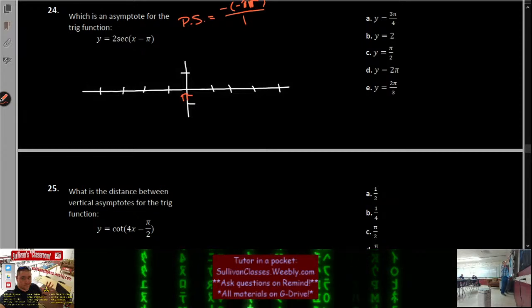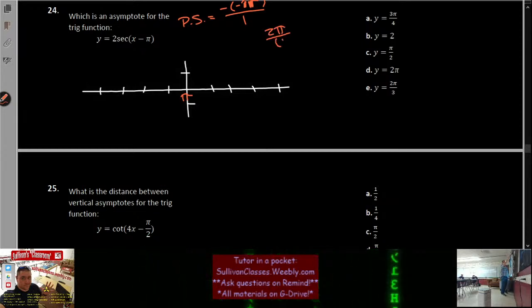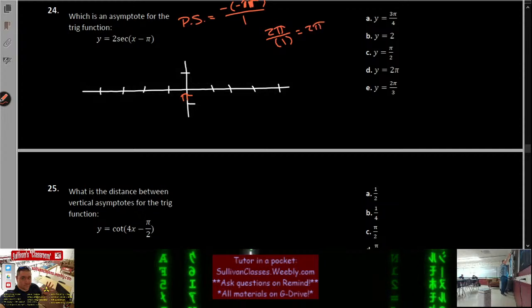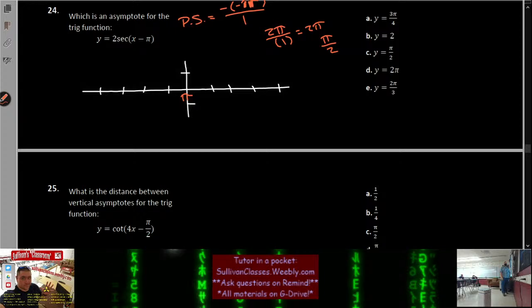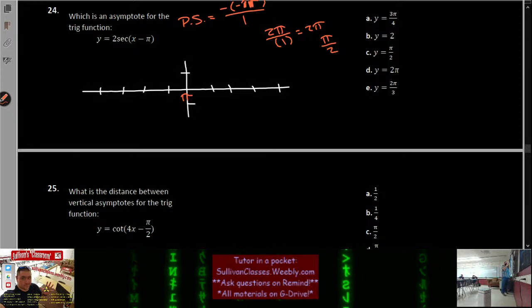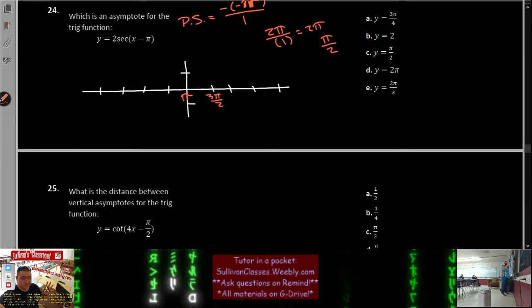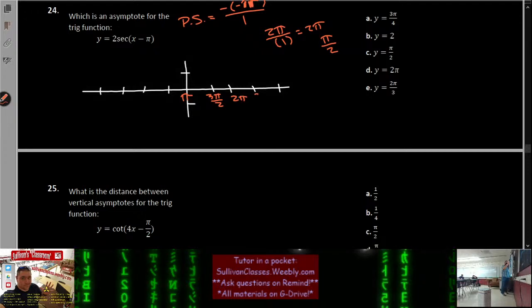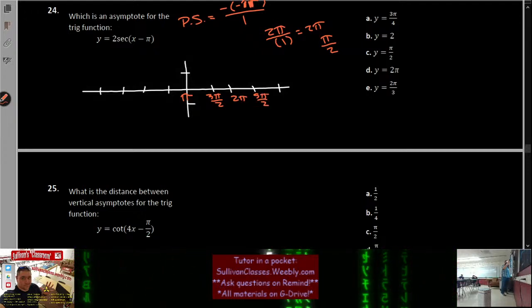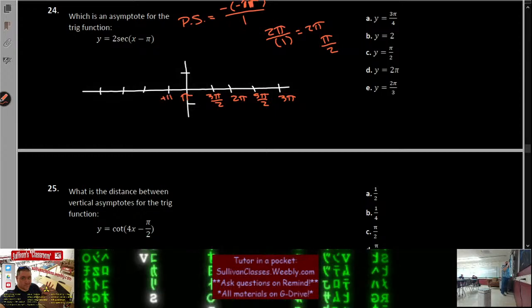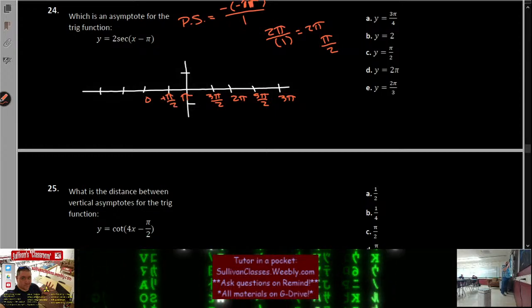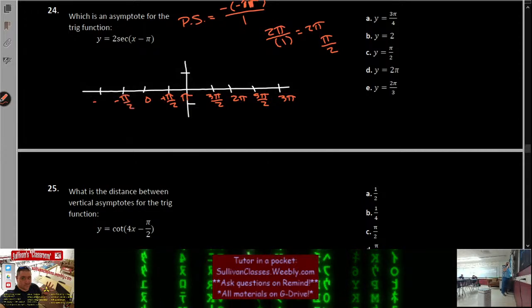The period is still 2 pi over b, which means my quarter marks are at pi over 2 increments. So from there, I'm over pi over 2, pi over 2, positive pi over 2, 0, negative pi over 2, negative pi.